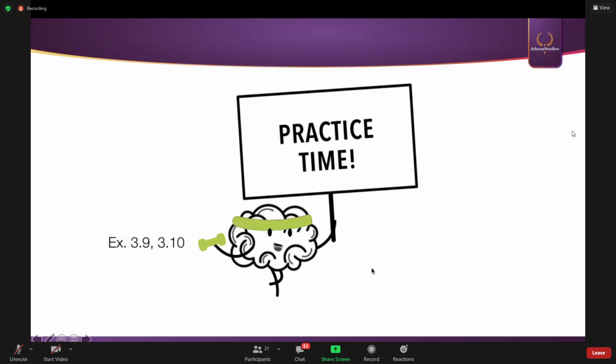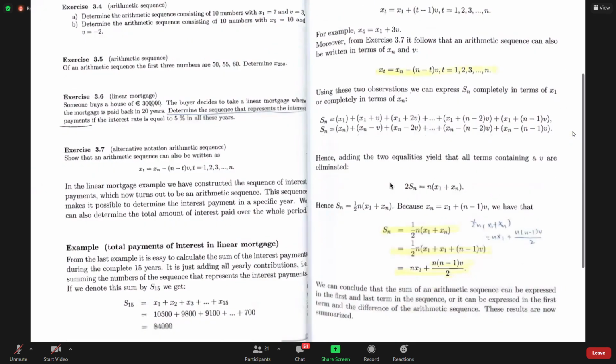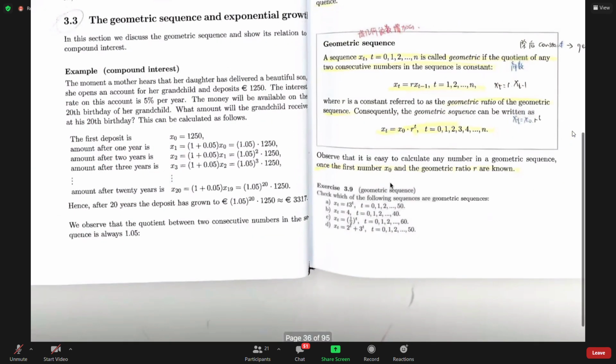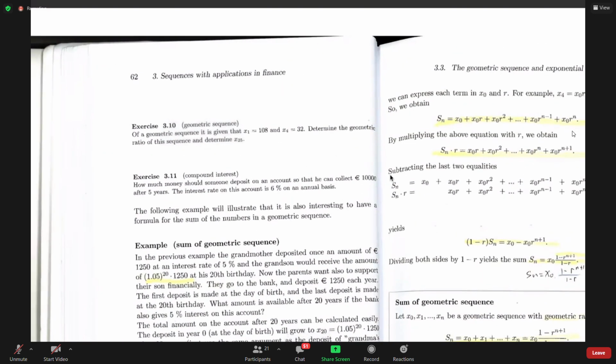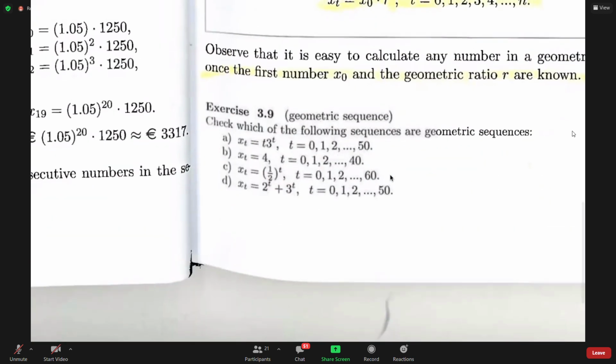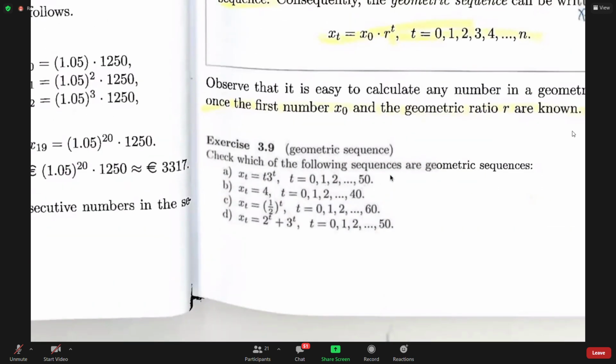Exercises 3.9, 3.10 I have written here. These are just some practice exercises that I wanted to share with you in order to understand a little bit more about the geometric sequence. I'm going to ask you to do exercise 3.9 by yourselves at home.